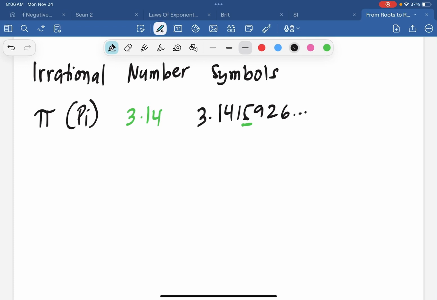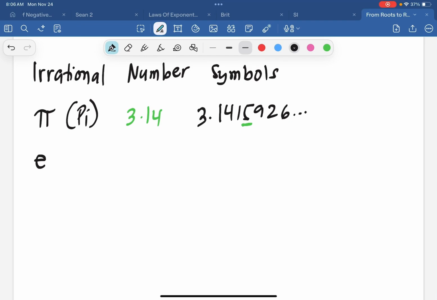Another popular symbol we have is e. I don't know if you're familiar with this, but as you can see in the calculator, it is adjacent to pi. They are in the same part in which you click on the calculator.